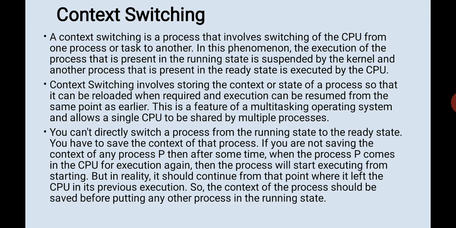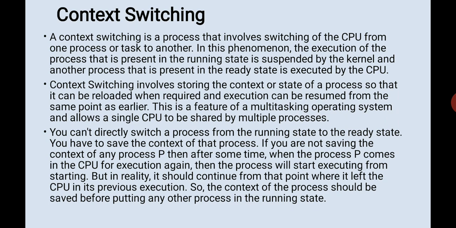You cannot directly switch a process from a running state to a ready state. You have to save the context of that process. If you do not save the context of a process P, then after some time, when the process P comes to the CPU for execution again, it will start executing from the beginning only, right? So now we see how important it is to keep the state. That is why PCBs are needed.